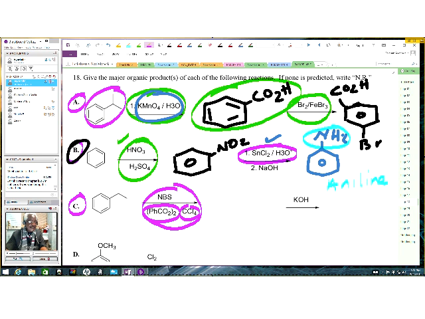There's a question here. Bromine on the secondary carbon. Very good. Ore has given us the answer to that.